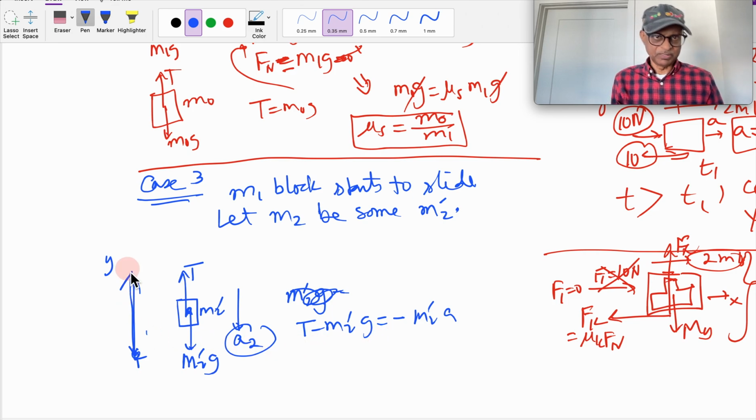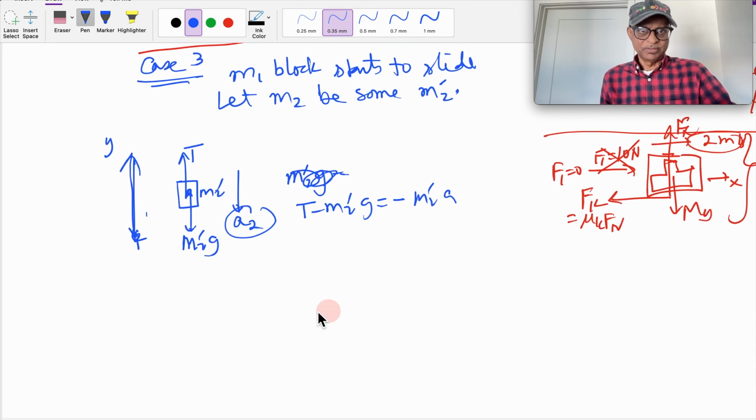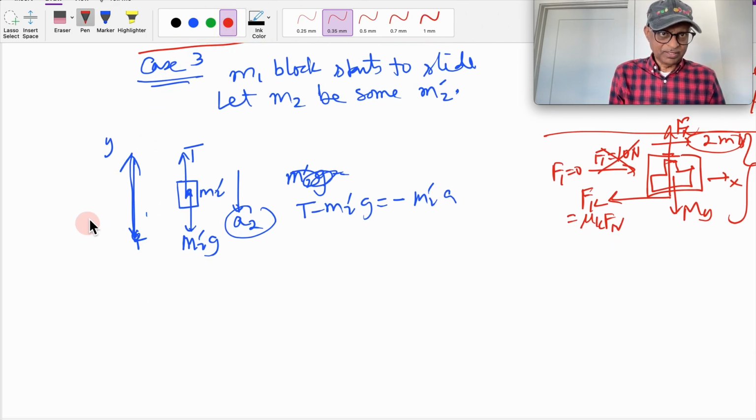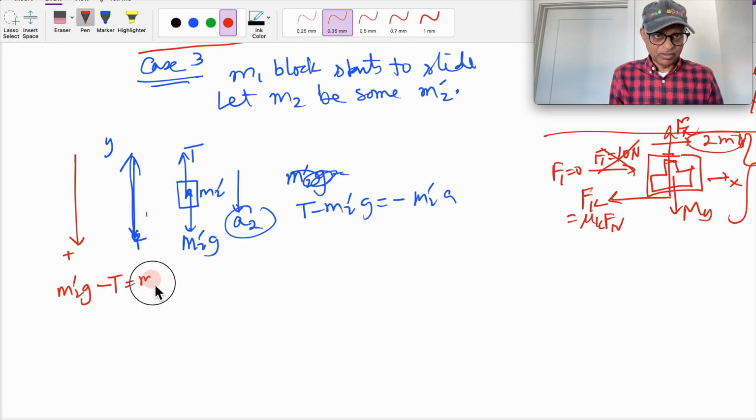That's what I was trying to avoid by picking the directions. So suppose I had taken this as the positive direction, then I'll get M2 prime g minus T equals M2 prime a. This same equation is just, sometimes I think like that, it's arbitrary.